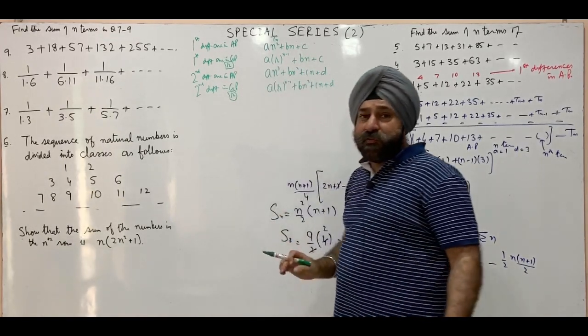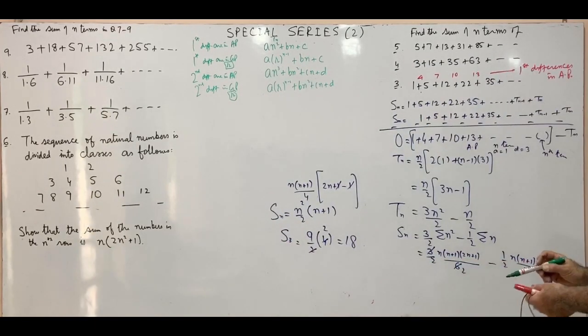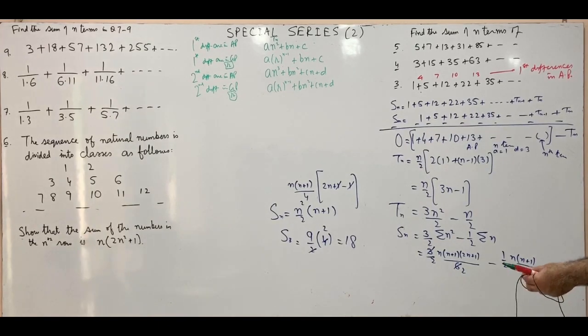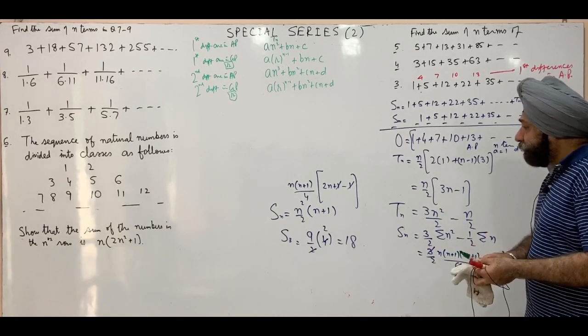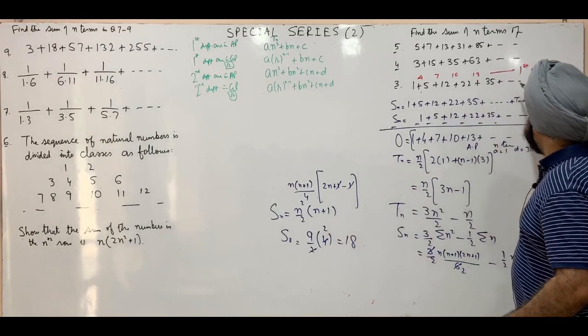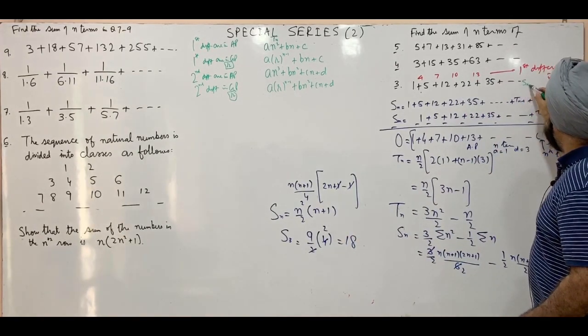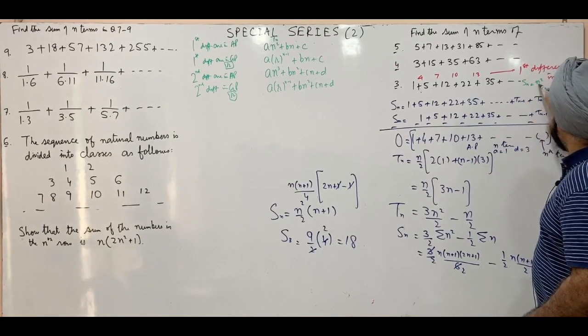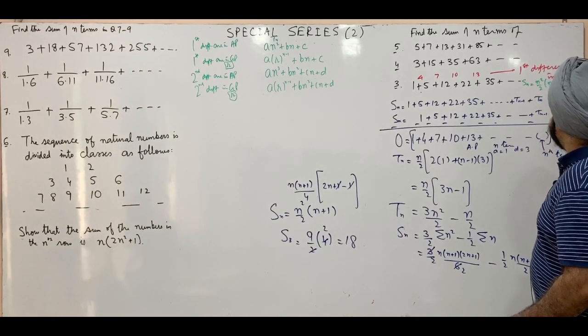So learn these 4 formulas. I am writing the answer we got using the first method. The sum of n terms is n square upon 2 into n plus 1.